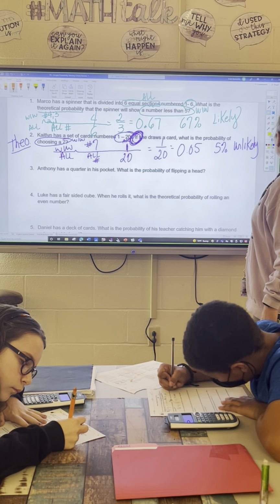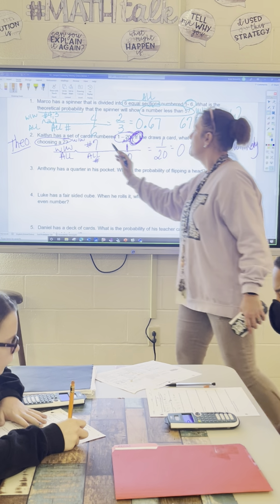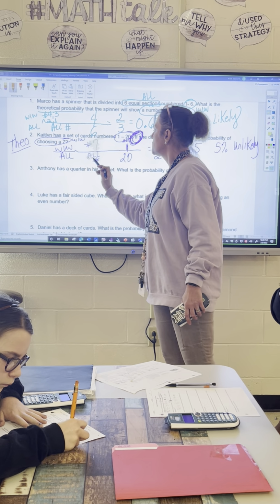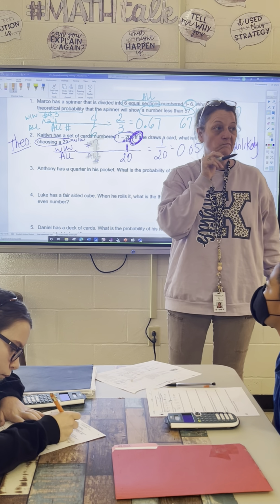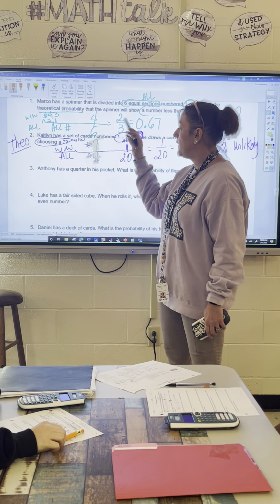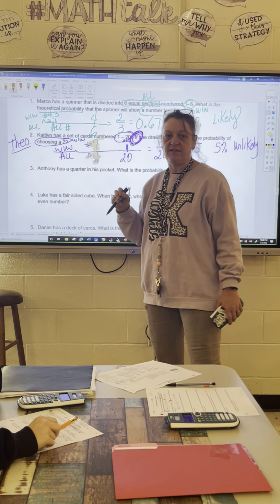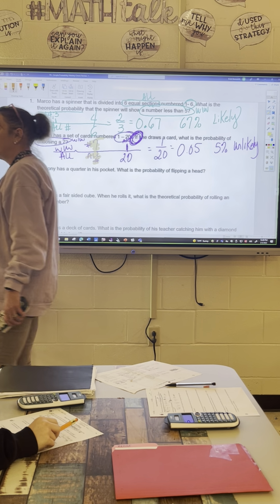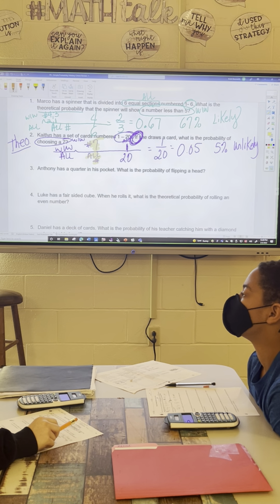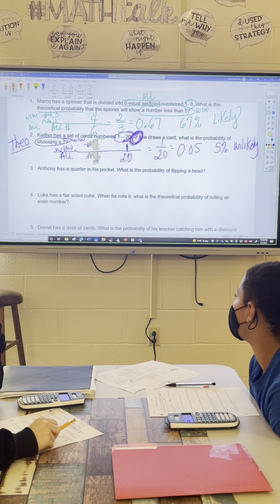Now, I need you to understand something. This right here and this right here are critical. The most common mistake people make when doing these problems is that it says, what's the probability of choosing a 7? And they write the probability as 7 out of 20. It's not 7. We want the number 7, but there's only one card in there with the number 7 on it.